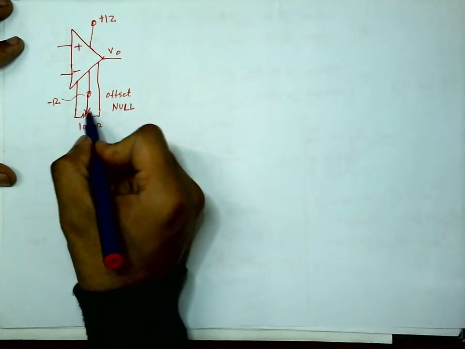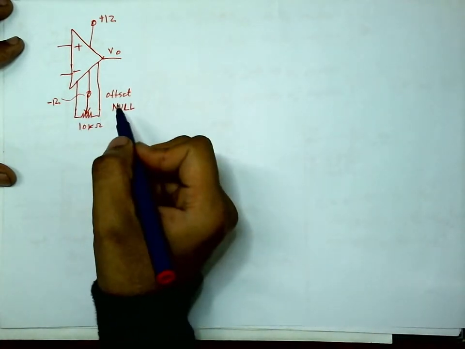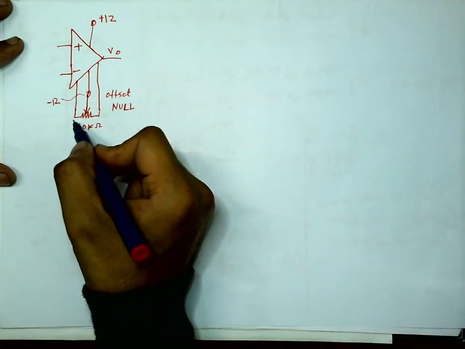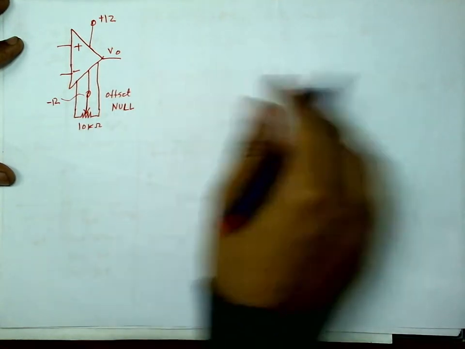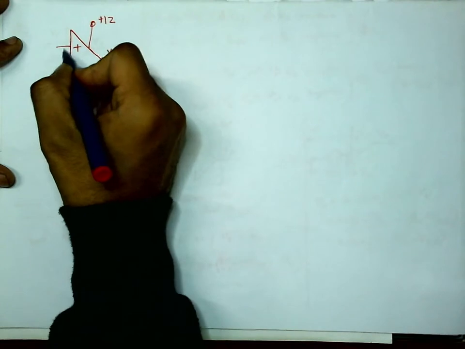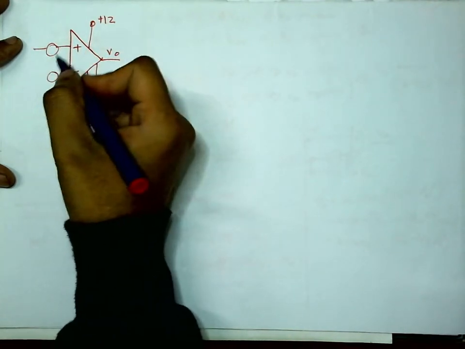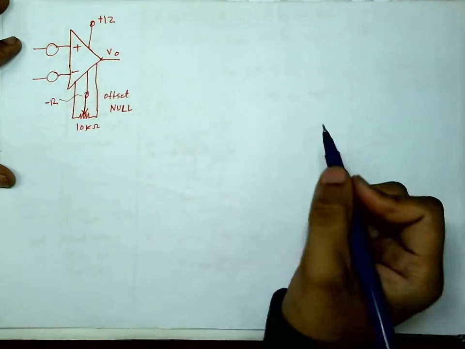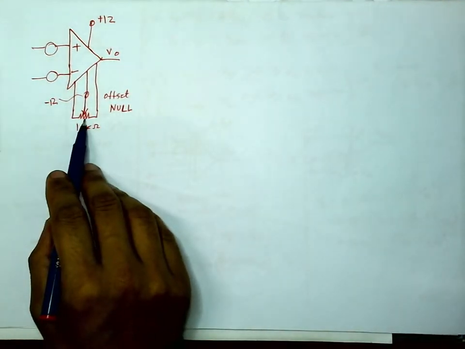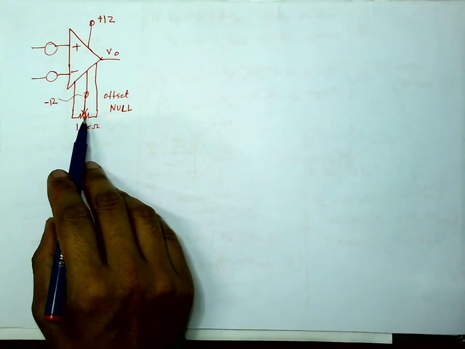You can vary the position of this potentiometer. By varying this, it is possible to nullify the effect of any input offset voltages, here or here. So this arrangement is generally kept in op amps.